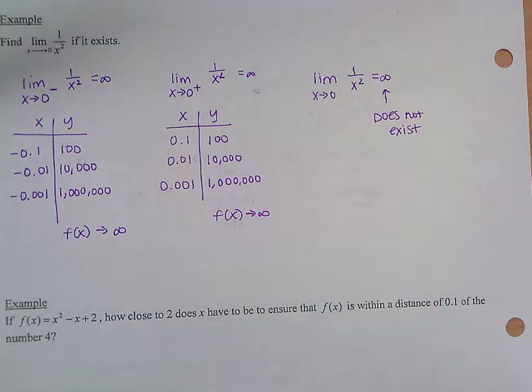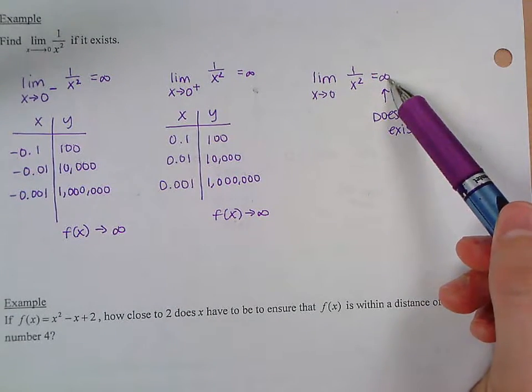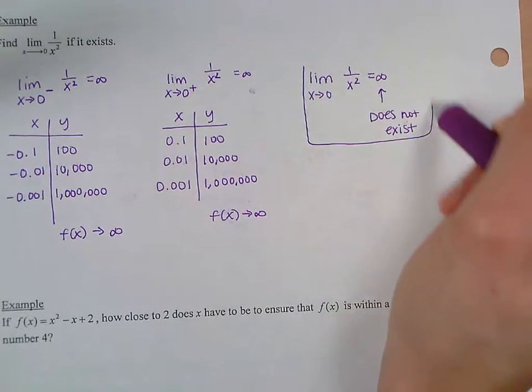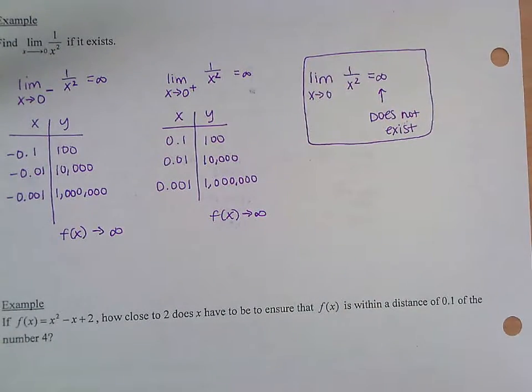We actually cover limits that involve infinity like this in the last section of the first half of chapter 2, so 2.5. I will accept if you say this equals infinity, but understand that the limit actually doesn't exist. If a limit equals infinity, it doesn't really exist.